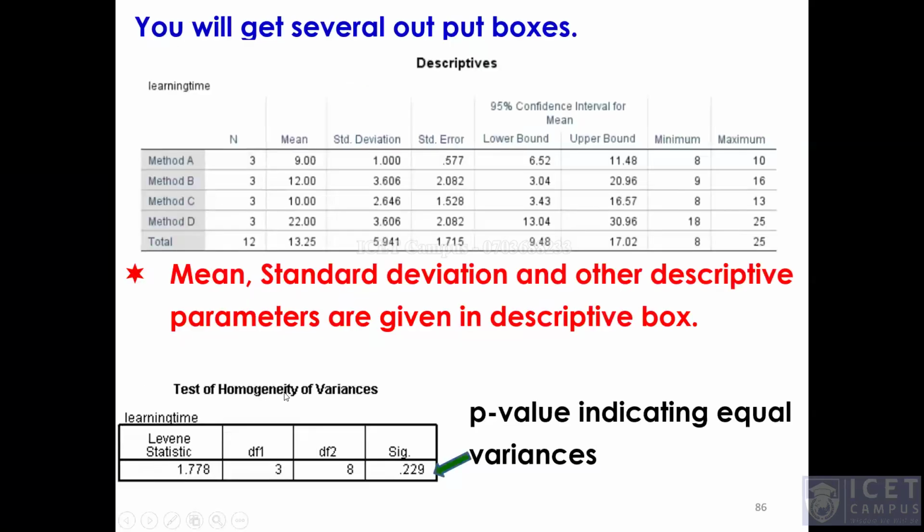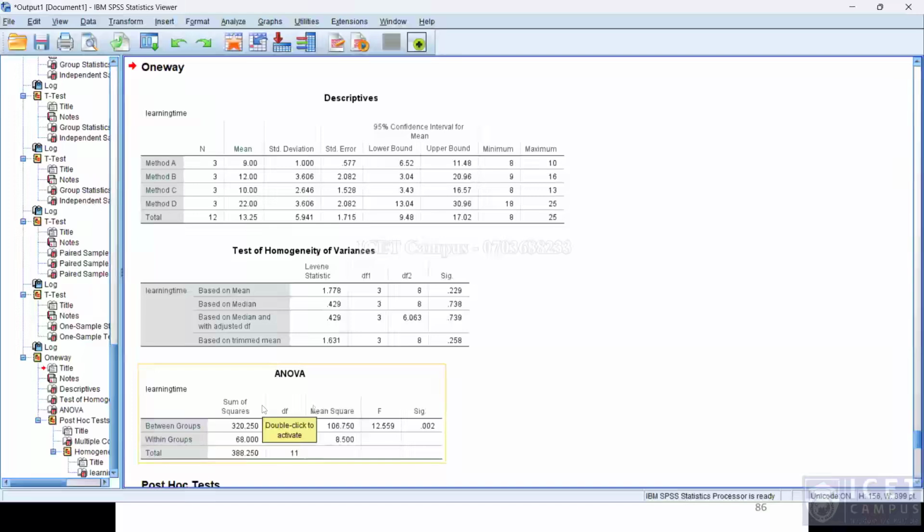And the test of homogeneity of variances. The p-value is indicating equal variances, so the variances should be equal. The homogeneity of variance test is given there, based on the mean. So we have to check this value, 0.229.